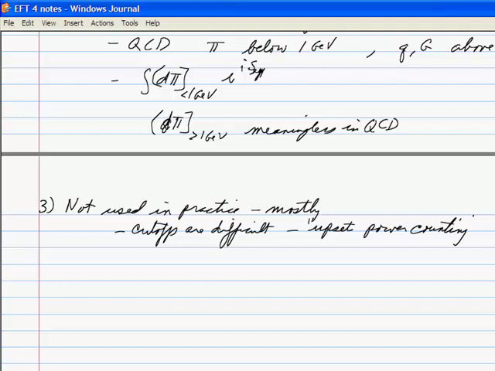Okay. If I had used the cutoff like Wilson says I should use, it upsets power counting. I put that in quotes because in fact it doesn't. Since you know power counting has to work, it always works out.